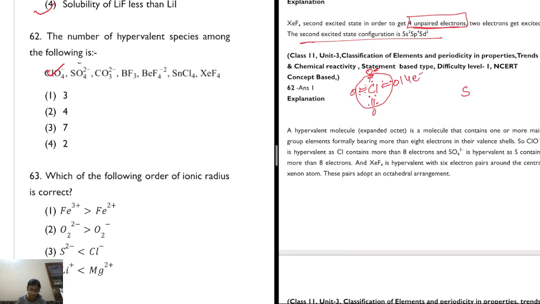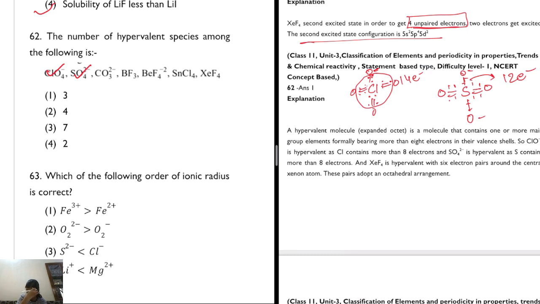Similarly for SO4 2 negative, let's see its structure. 1, 2, 3, 4, 5, 6, 7, 8, 9, 10, 11, 12. It also has 12 electrons. Okay, so this is also hypervalent.